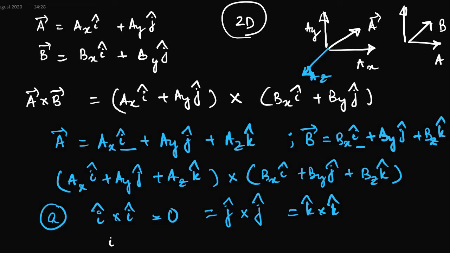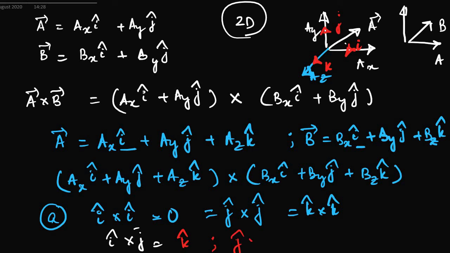That's why i cross j will be the perpendicular component. If this is i, this is j, what is perpendicular to i, j here? k. Okay. So i cross j will be k.